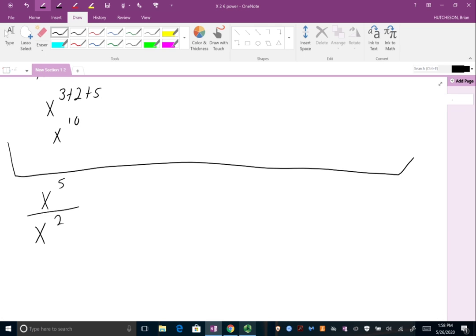Using our definition of an exponent, this is x times itself 5 times over x times itself 2 times. As long as there's no adding and subtracting, I love fractions. Because what does an x on top in the numerator have to do with one of those x's in the denominator? Boom. They just cancel each other out. Boom. Those cancel each other out. And this just leaves me with x cubed.